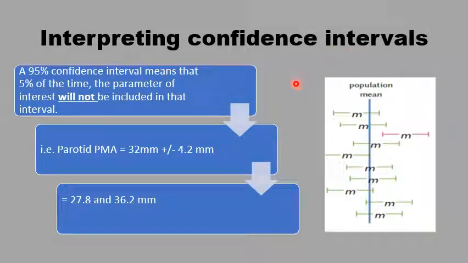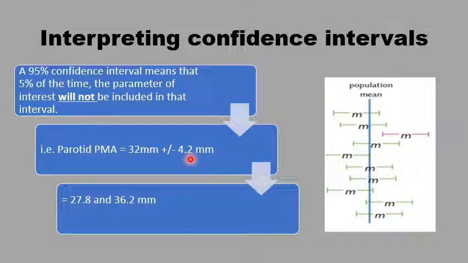The new surgeon wants to have a high degree of certainty that the tumors he is going to encounter would fall within a certain range. And we've calculated that range as plus or minus the average tumor size from the old series, the 32 millimeters plus or minus 4.2 millimeters.